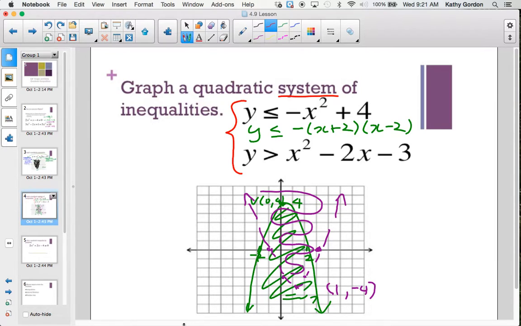Which means that what I ultimately want to come up with for my answer are the values of x and y that make both inequalities true at the same time. So based on my graph, where do I have values of x and y that make both of my inequalities true at the same time?